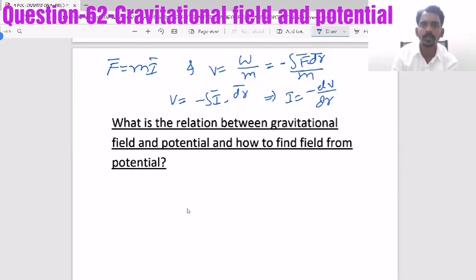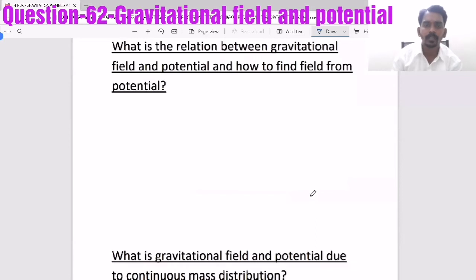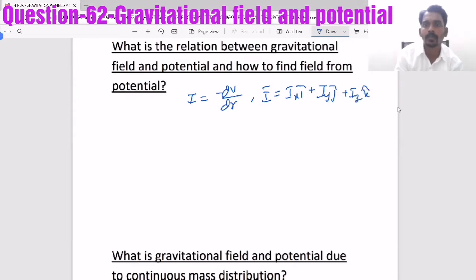See here, how to find field from potential. Just before, we said that the gravitational field is the negative gradient of potential. That means if you take the gravitational field as a vector, there are i component, j component and k component.